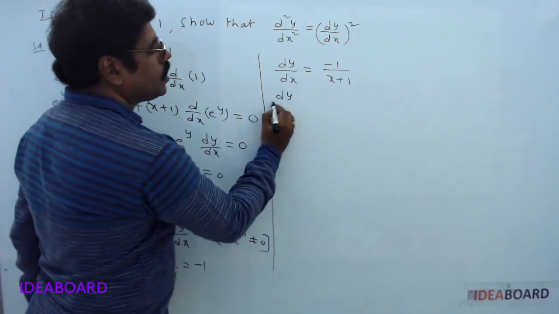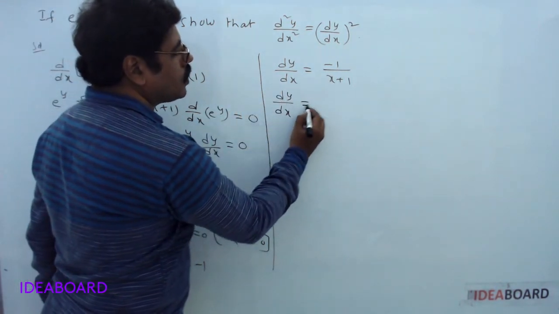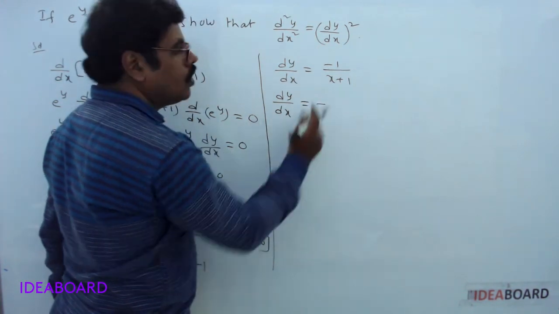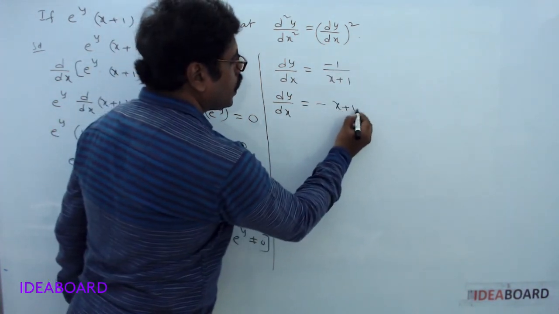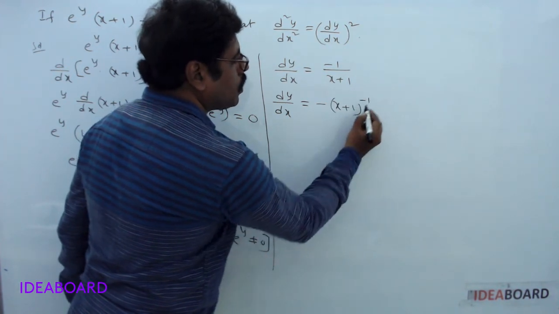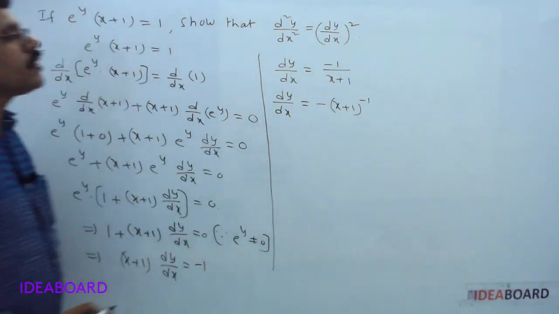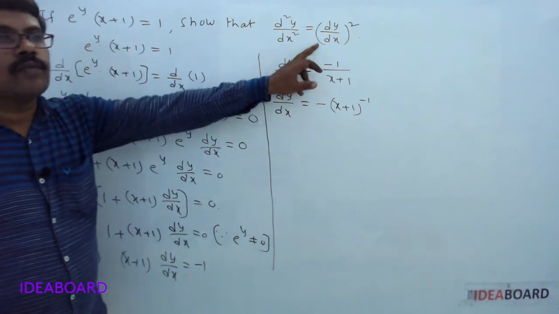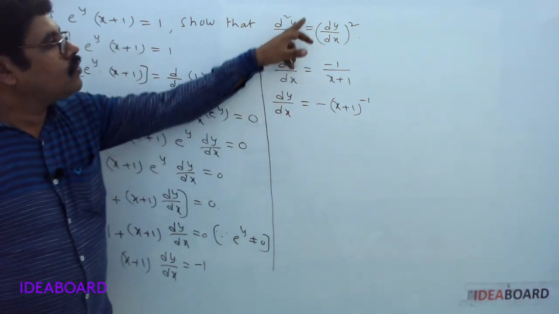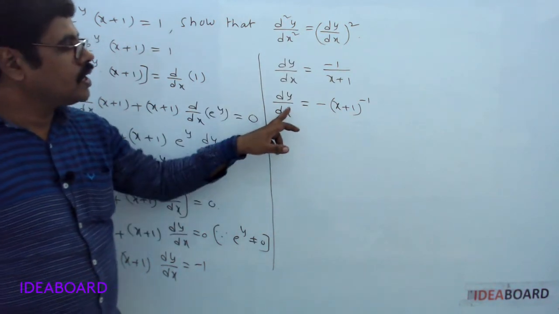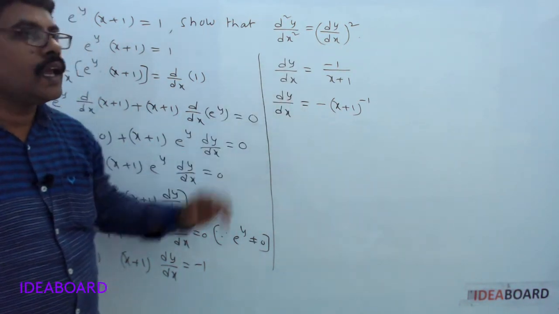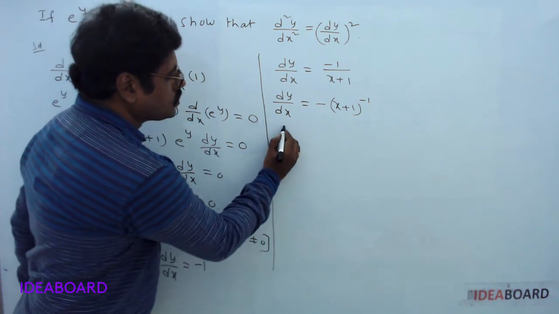Again, dy/dx = -1/(x + 1) can also be written as (x + 1) to the power -1, with a minus sign. Here, in the required equation, we need the value of d²y/dx², so we differentiate this equation once again with respect to x.